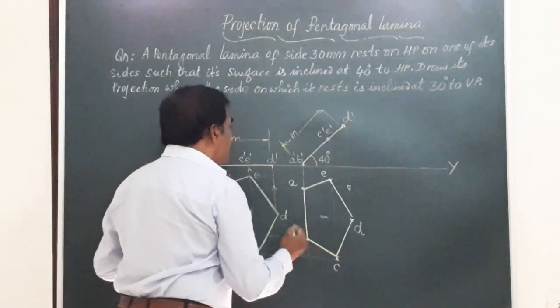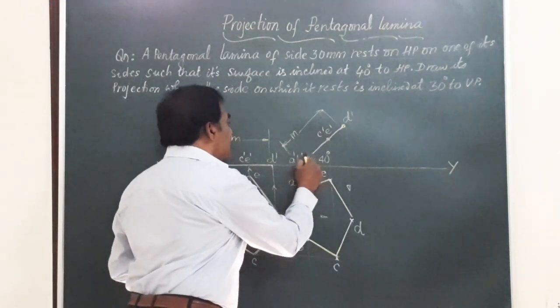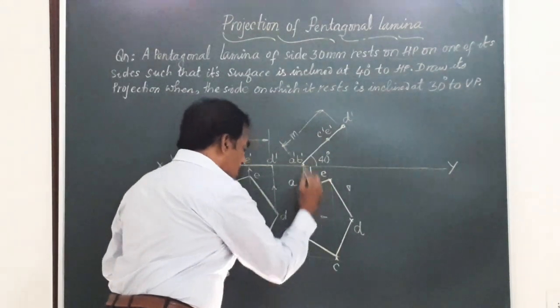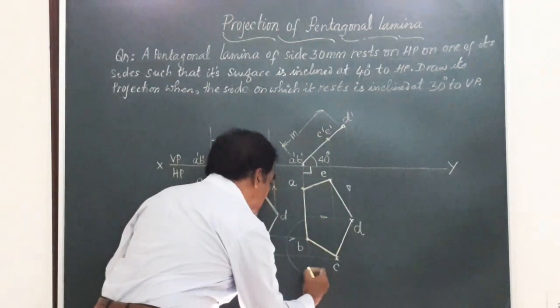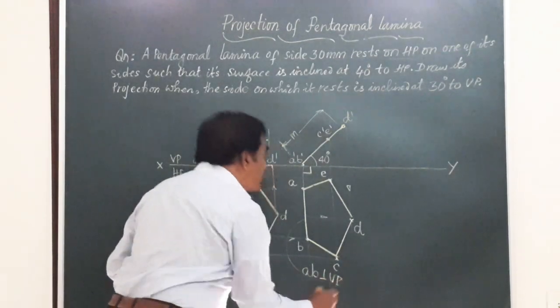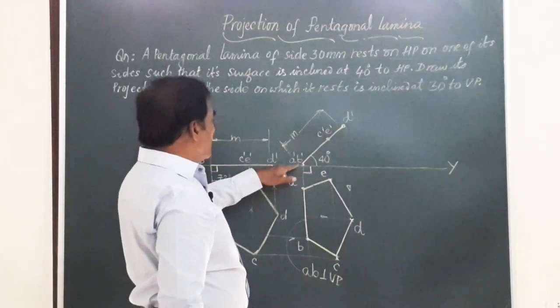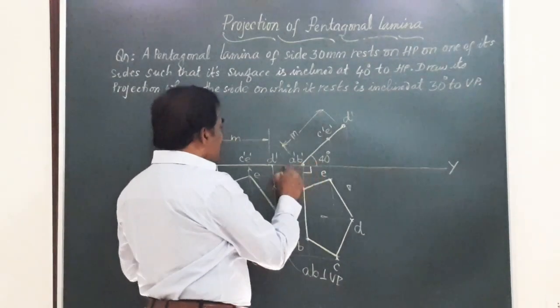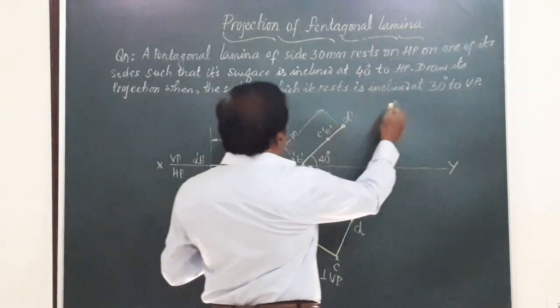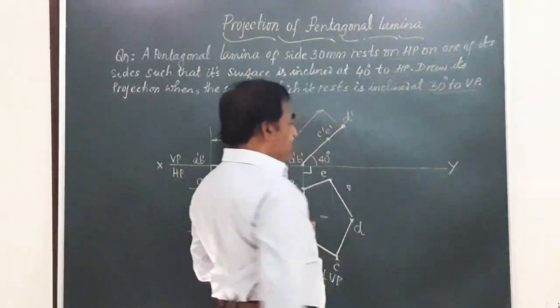Friends, here you can observe that the lamina is resting on side AB. That side AB is now perpendicular to VP. So I can just write down here AB perpendicular to VP. But in the question he says the lamina is supposed to be resting on edge AB, but that edge AB should make an angle of 30 degrees with VP.